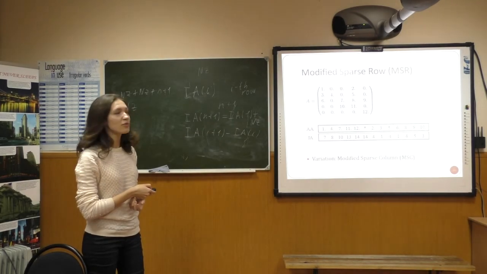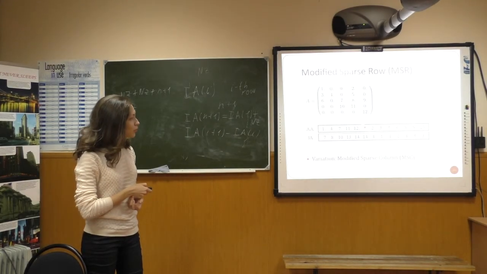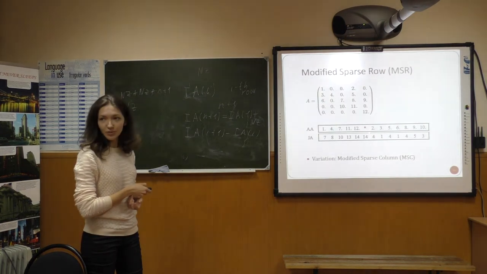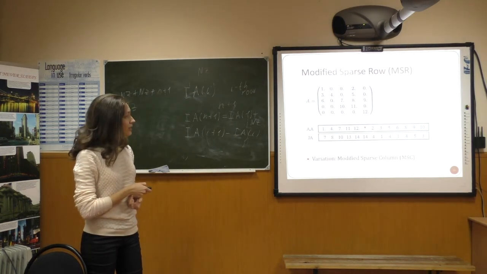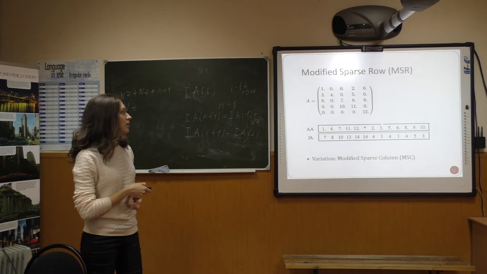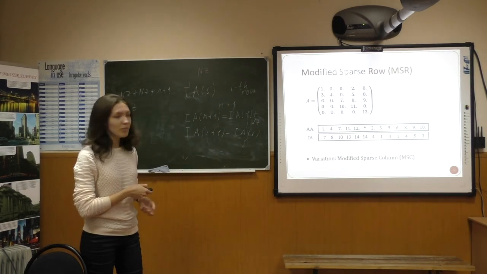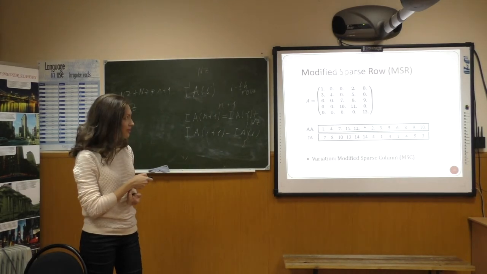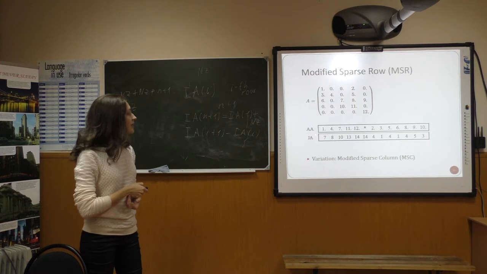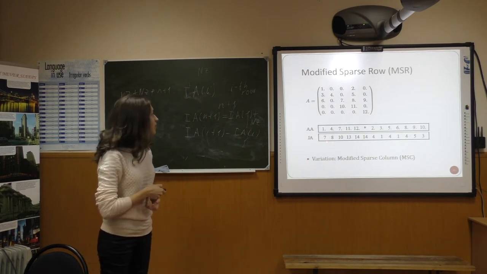N is the number of the rows. The n plus 1 element is not used here, and then we list all the elements that lie either above or below the main diagonal by rows. Yes, this is modified sparse row. And here we will have first.